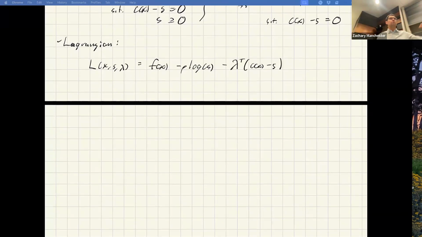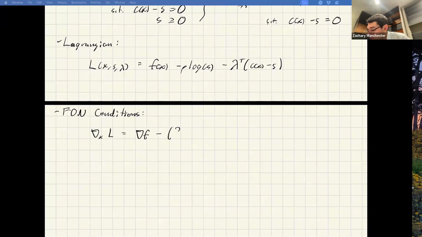So now I'm going to set all the gradients equal to 0, write down first order necessary conditions of this guy. And remember, this is an equality constraint problem now, just like we did last time. So we've got grad x of the Lagrangian is going to be grad f minus partial c partial x transpose lambda equals 0.